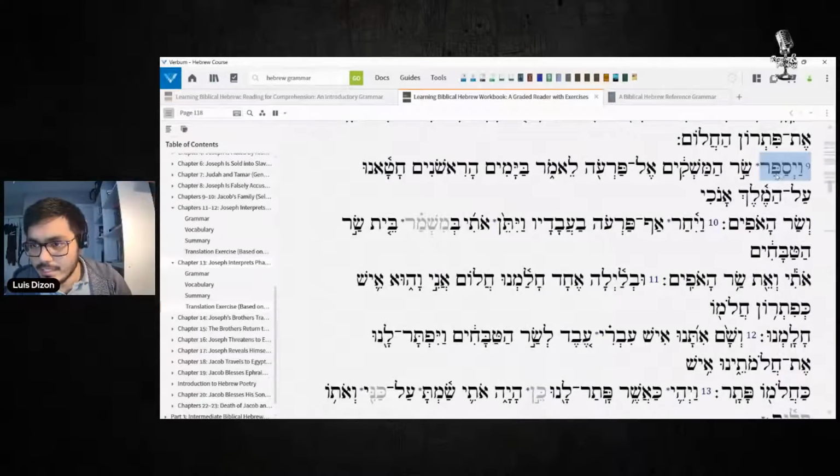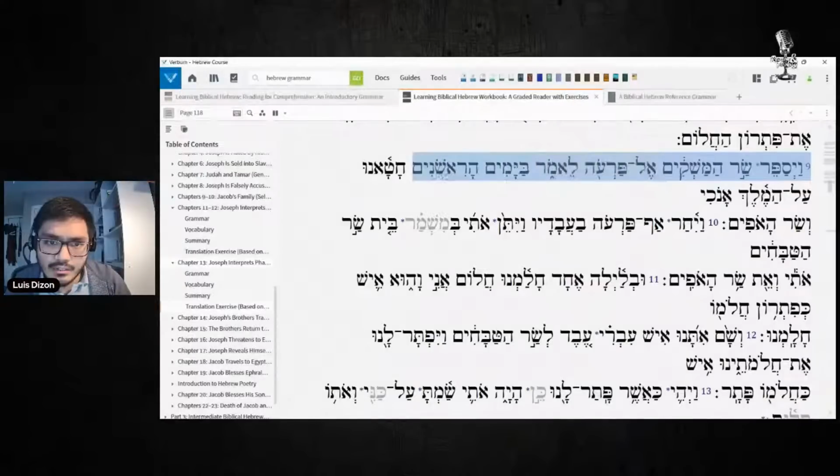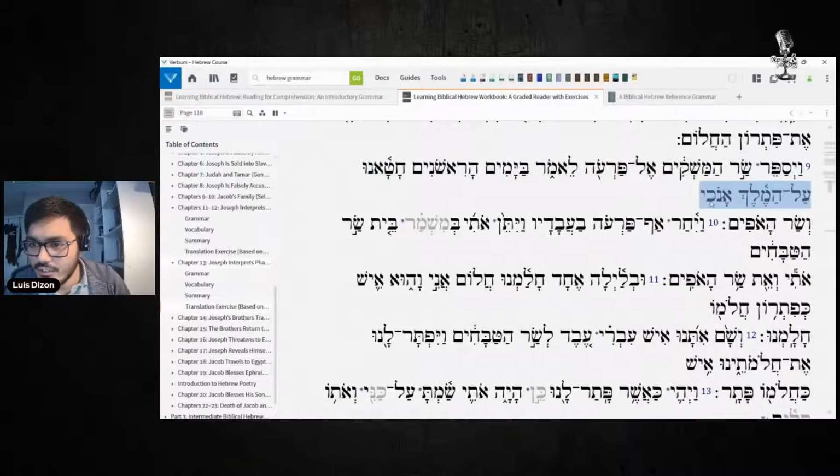Verse 9. Vayedaber sar hamashqim el Paro lemor, bayamim harishonim chatanu al hamelech anochi. So we see the reintroduction of our old friend, the chief cupbearer, the sar hamashqim, sorry. And let's translate this.